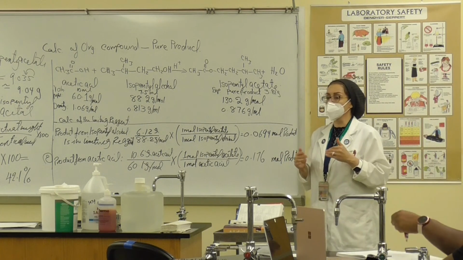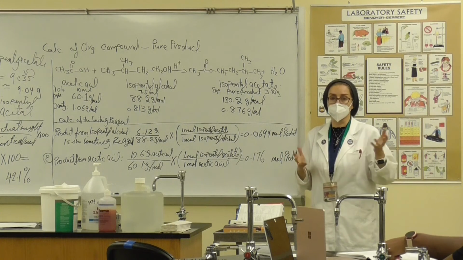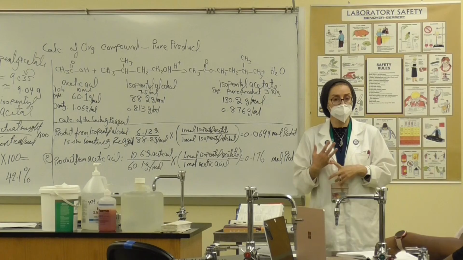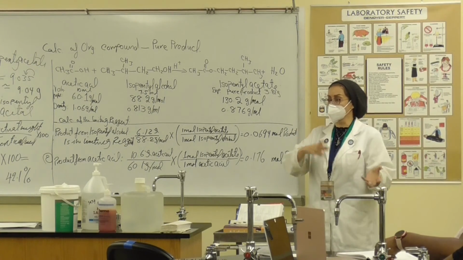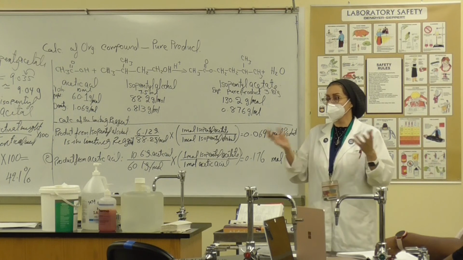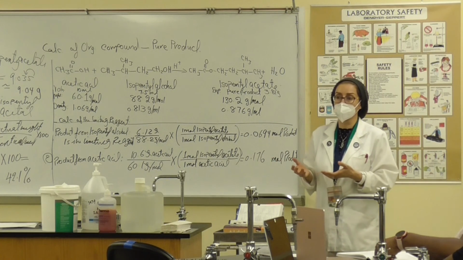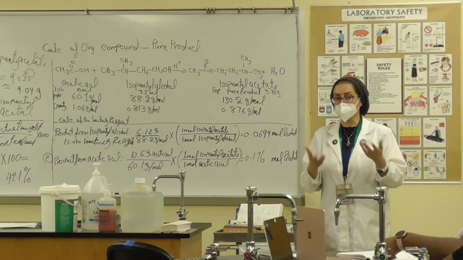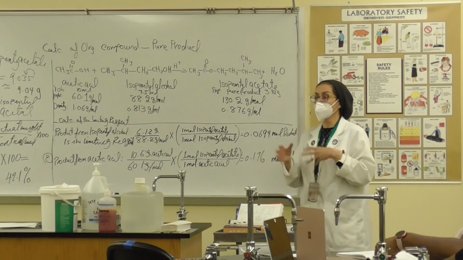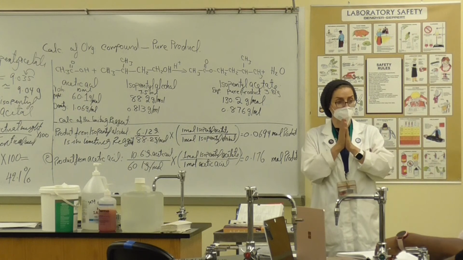But it also involves a lot of errors. And these errors could come from human errors, transportation or transferring from one equipment to the other, glassware. Sometimes we lose some of these chemicals through purification, extraction, recrystallization.